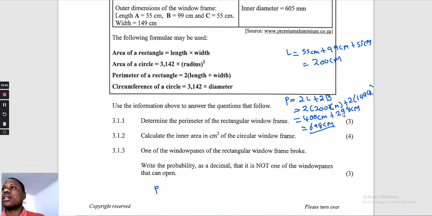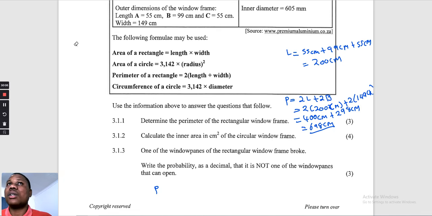Oh, okay. This 200 is incorrect. I can see now, this is 99, not 90. So that is 110 plus 99, which is 209.